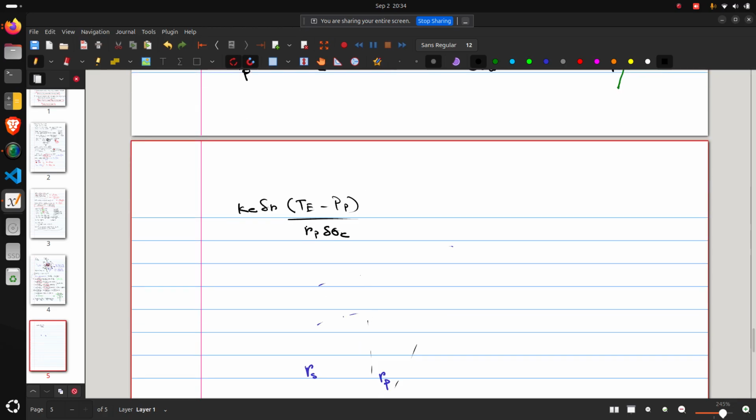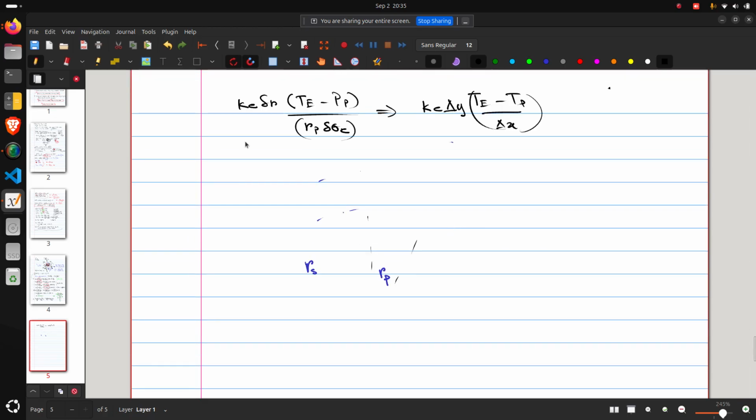Okay. So what does this actually mean? So corresponding to this polar system, there will be something similar in the Cartesian coordinate system, right? So it will be something like AE. So AE will be del y times TE minus TP by delta x, right? Let me just draw it here.